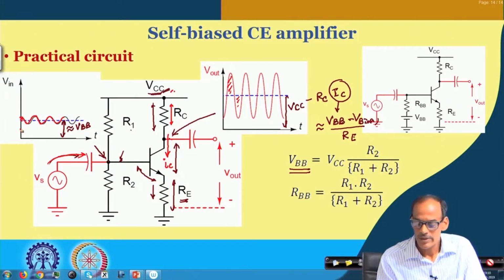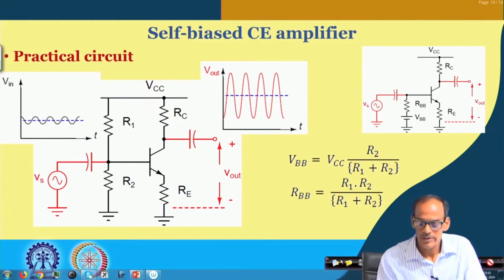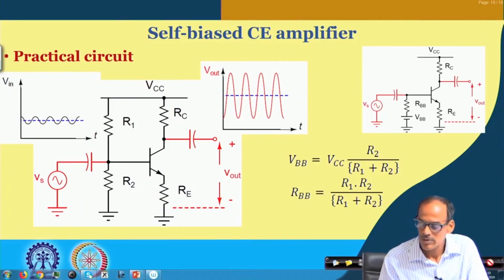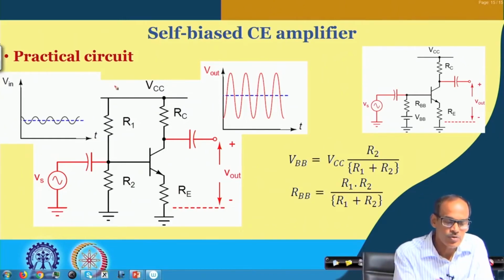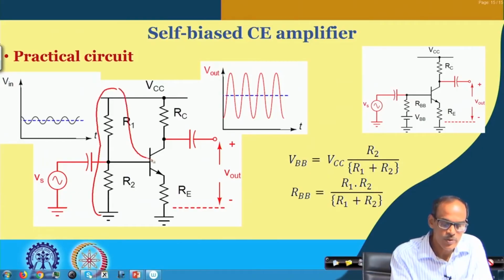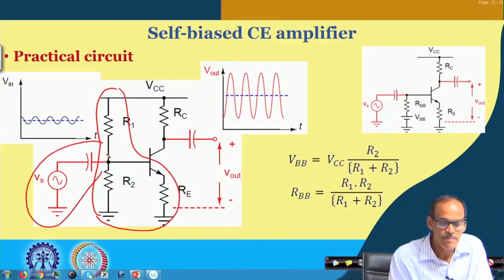So, in this circuit, let me go into a little more detail of analyzing the input part and the output part, namely the input port. If I consider the input port, it is this one, DC wise, and in addition to that we have the signal.